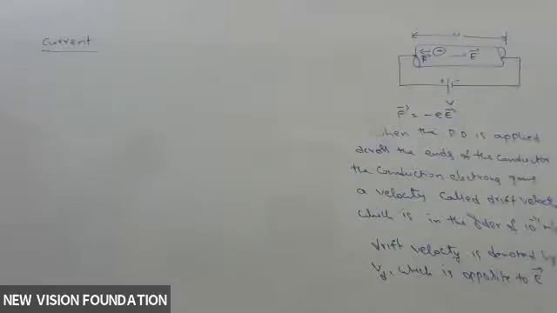So, current is defined as the rate at which net charge passes through a cross section of the conductor.